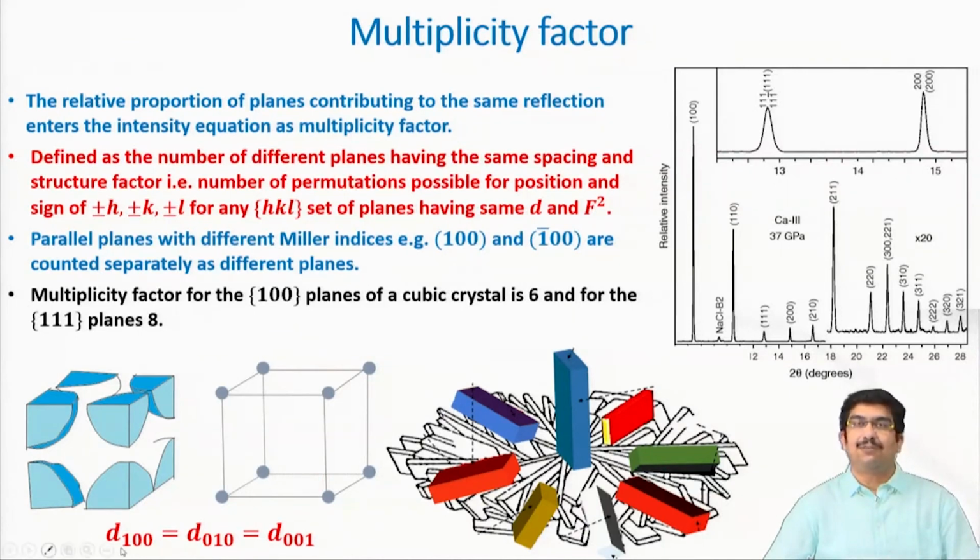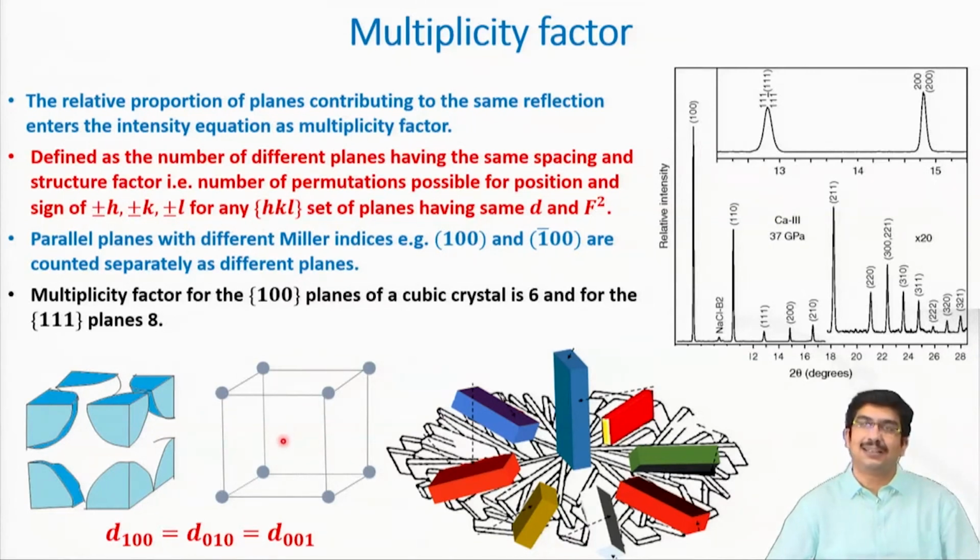If I consider this family of 6 side planes, I can consider them as 100 and bar 100, then 010 and 001 sets, these 2 planes, these 2 planes and these 2 planes.